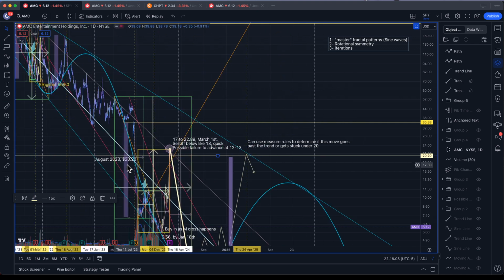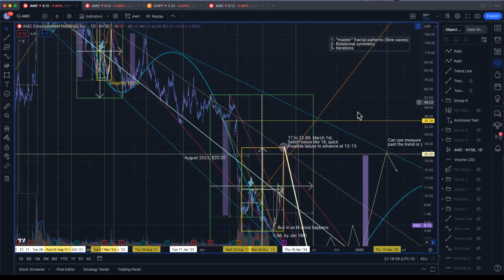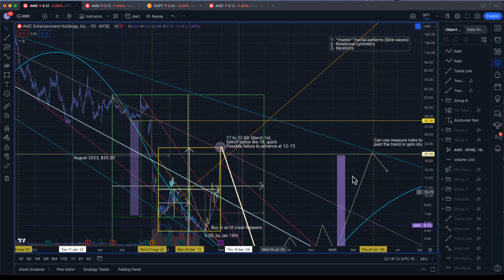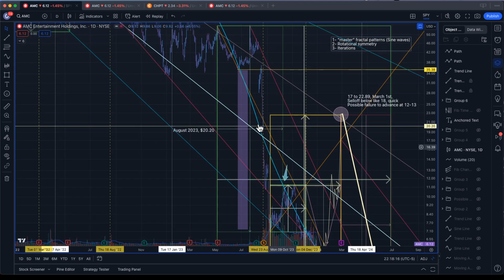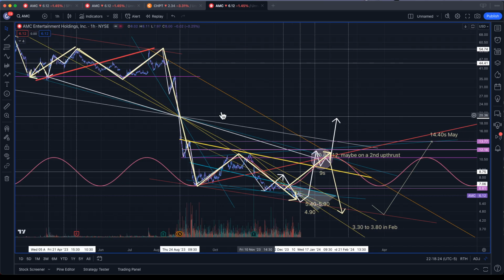Why is that important? Well, from what I can tell, that is the place that when we got to the reverse split, that's where we first distributed from. You have to go back and look at where that sell-off happened, and it pushes up to $20.20 and then drops. And that's the day of the reverse split.